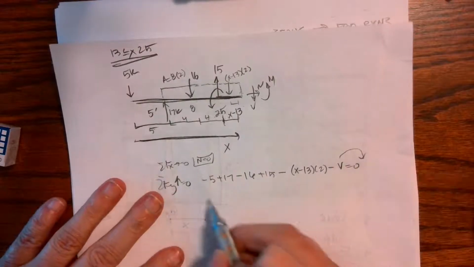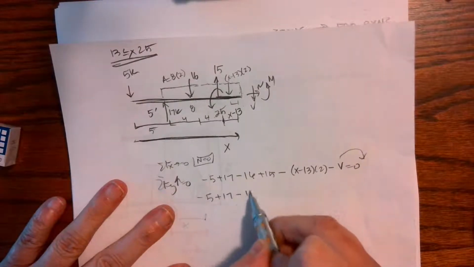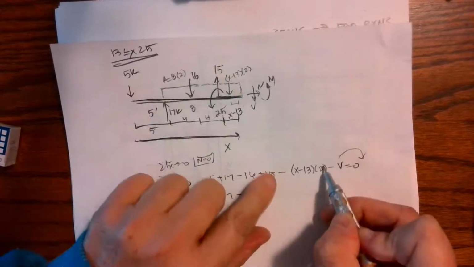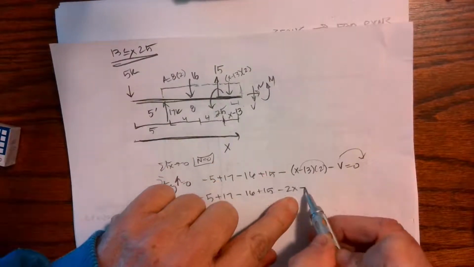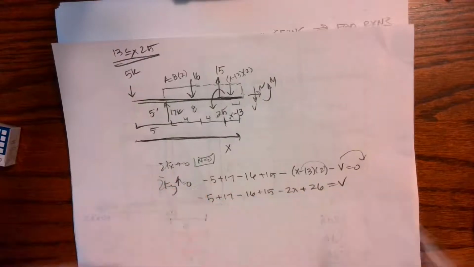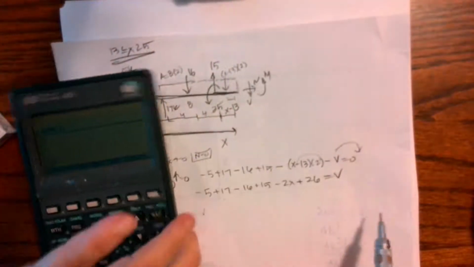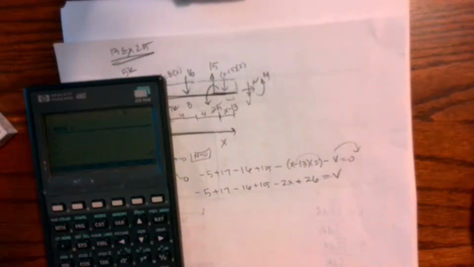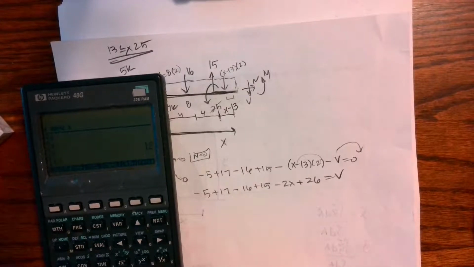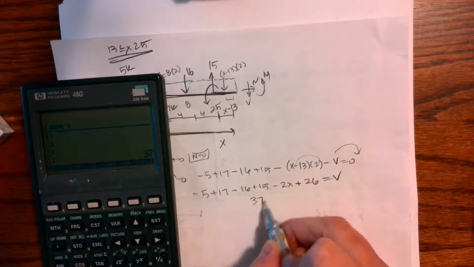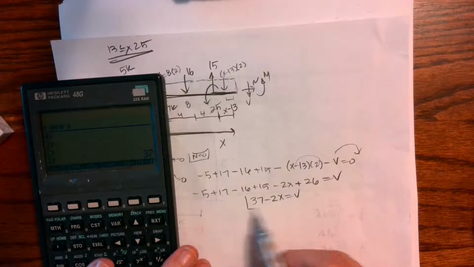Take shear over, so I get negative 5 plus 17 minus 16 plus 15, minus 2x plus 26 equals V. And we're going to take our handy dandy calculator out here, and we have 5, change sign, enter, 17 minus 16 plus 15 plus 26, and I get 37 minus 2x equals my shear.